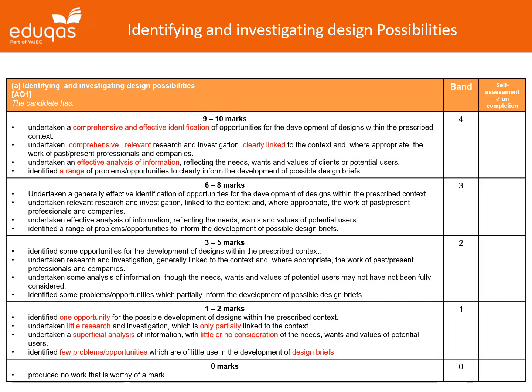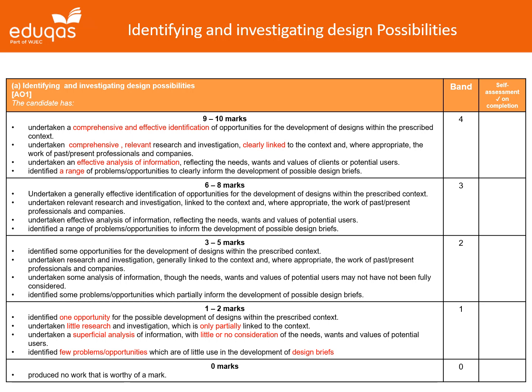This is the banded mark scheme for the first section of the assessment criteria, identifying design possibilities. It is marked out of 10. Read through the descriptors for each mark. Words such as detailed, thorough, and effective, highlighted in red here, are used to describe the work needed to gain the marks in the 9 to 10 band, whereas little, basic, and partial are used where the work fits the descriptor for 1 to 2 marks.